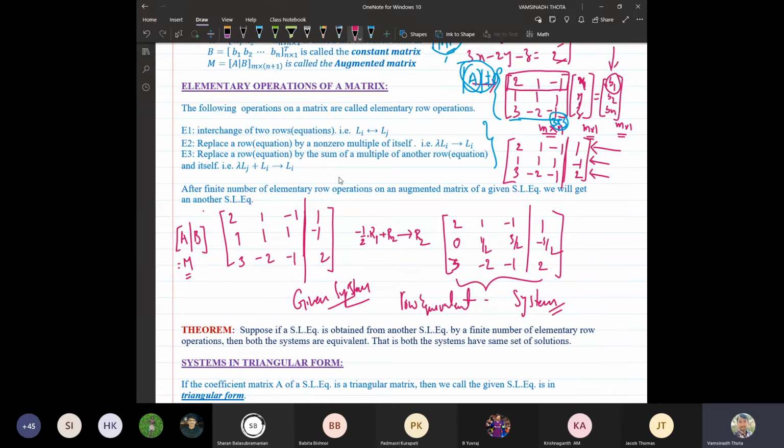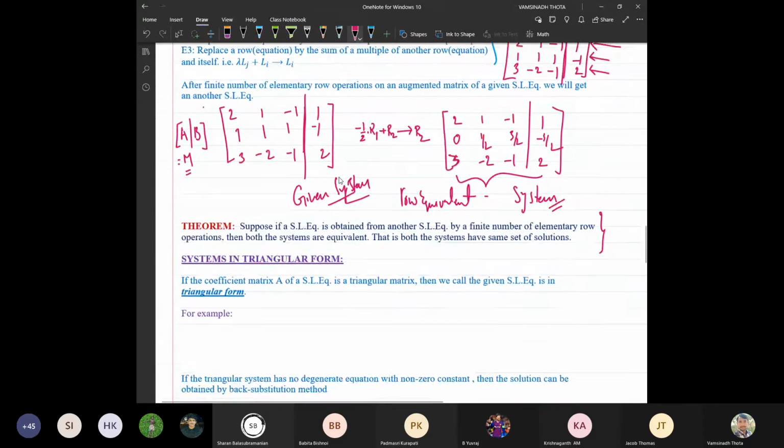What we mean by row equivalent here is that both the systems will have the same set of solutions. That is actually a theorem which is stated below. Whatever solutions are there for the given system, and whatever solutions are there for the new equivalent system, both will have the same set of solutions.